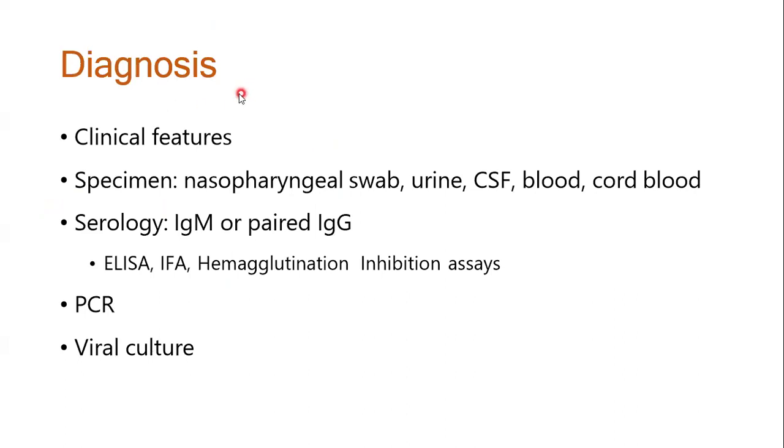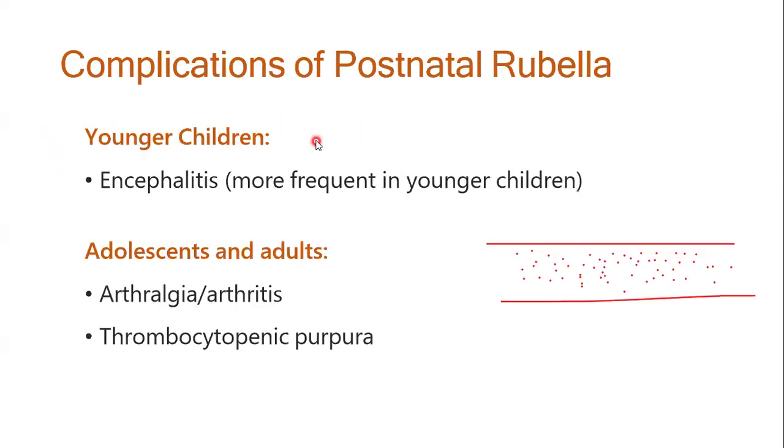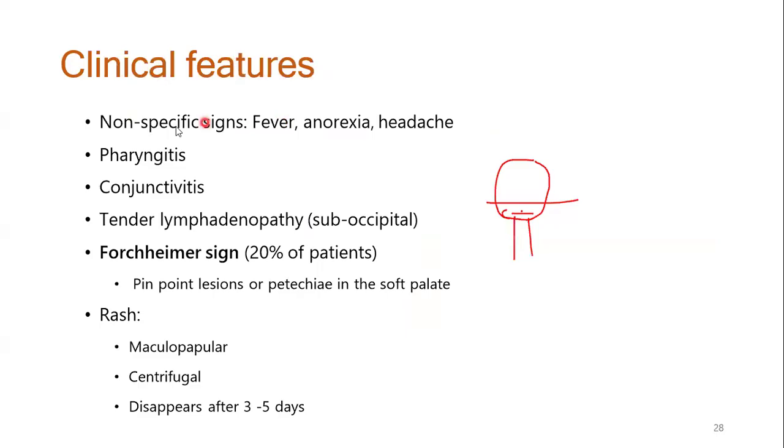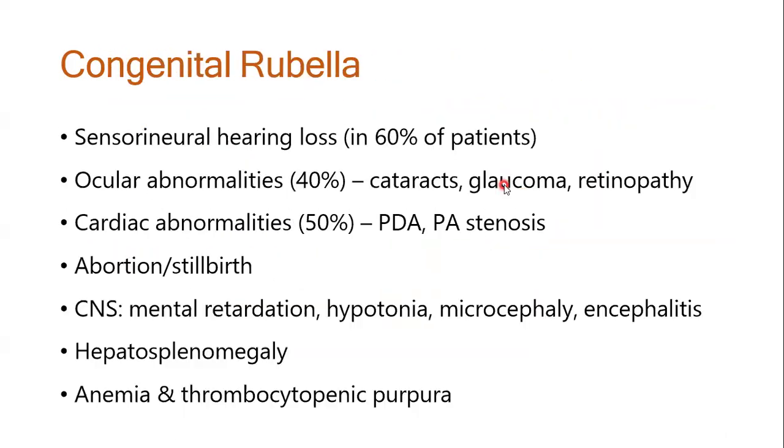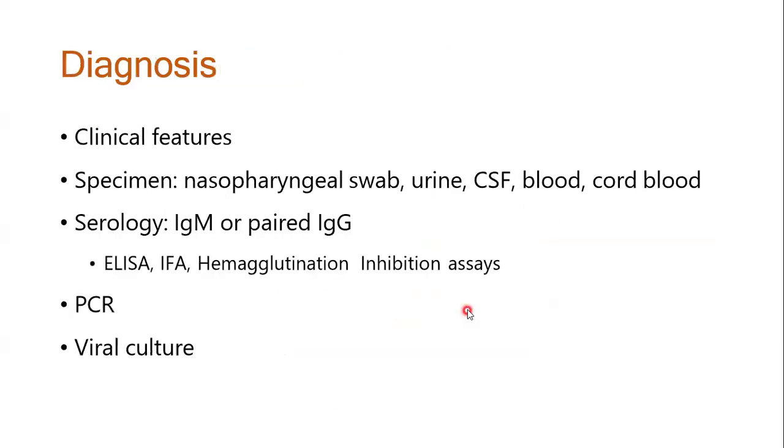Diagnosis. It's also clinical. So you take a good history, and then you will see these clinical features. If it's postnatal rubella, the rash, conjunctivitis, tender lymphadenopathy, and Forchheimer's sign. Then if it's congenital rubella, microencephaly, PDA, or a cataract.